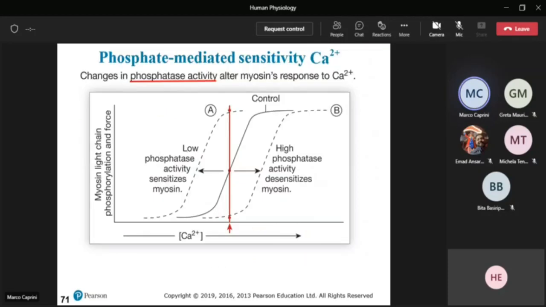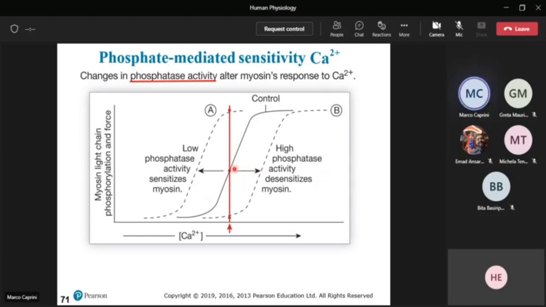So for this reason, the relaxation of muscle is due to a multi-step process. When the calcium ion decreases by the activity of different pumps and transporters, the calcium calmodulin complex disappears and the kinase becomes inactive.